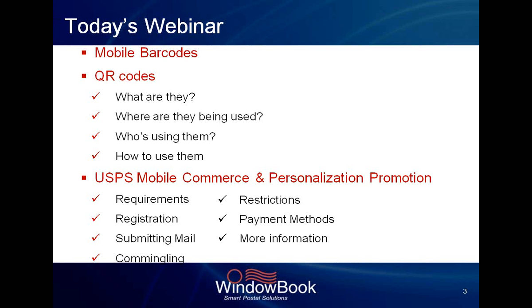And within that, some of the requirements, how to register, how to submit your mail, some information on commingling, some of the restrictions, the payment methods, and then how you can get more information about that. Because even as detailed as we're going to be in a couple of places during that portion of the webinar, there's a lot more information available from the Postal Service.